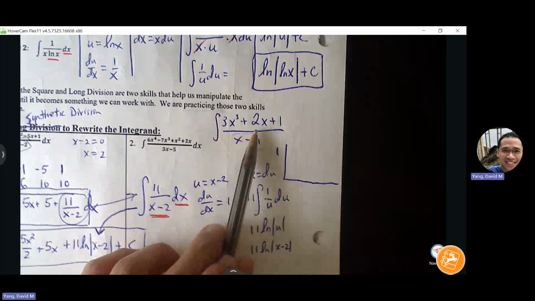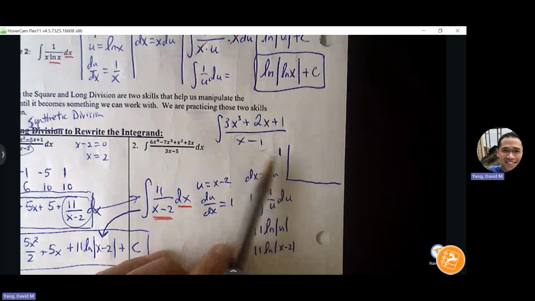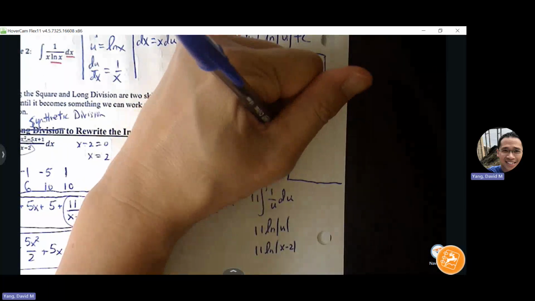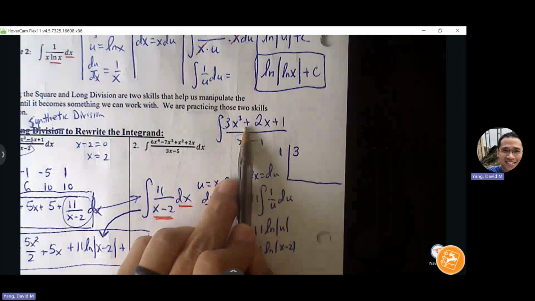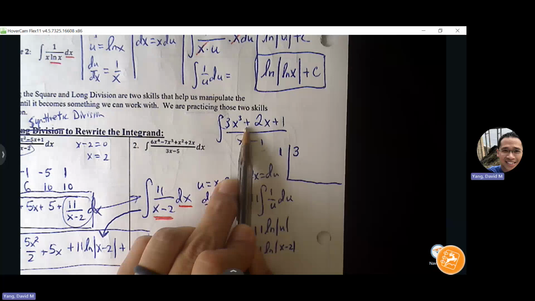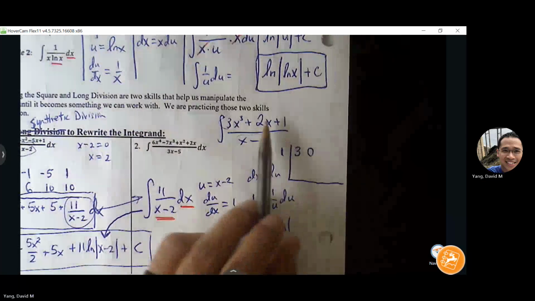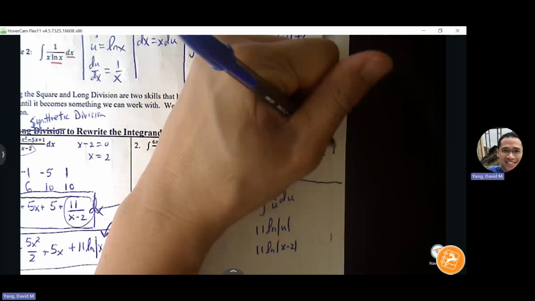Integral of 3x cubed plus 2x plus 1 over x minus 1. Our factor is 1. We're still going to start off with 3 because 3 represents the highest coefficient of my highest degree. What's my next degree? x squared, but I don't see an x squared there, so I need to put a what for x squared? 0. And then the 2 will be for x, and then the 1 will be for the constant.